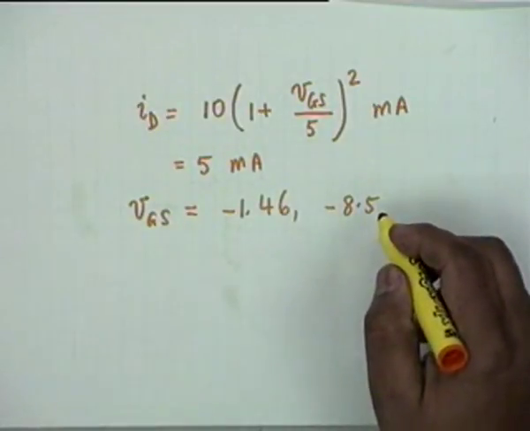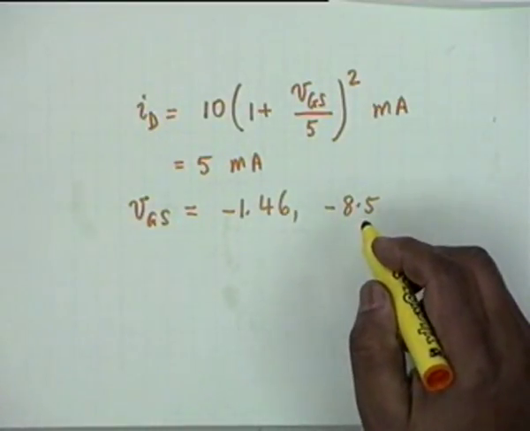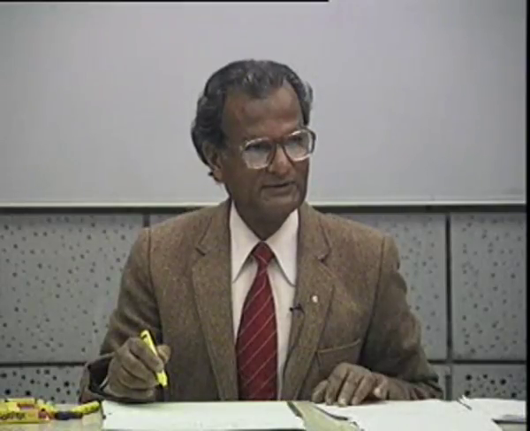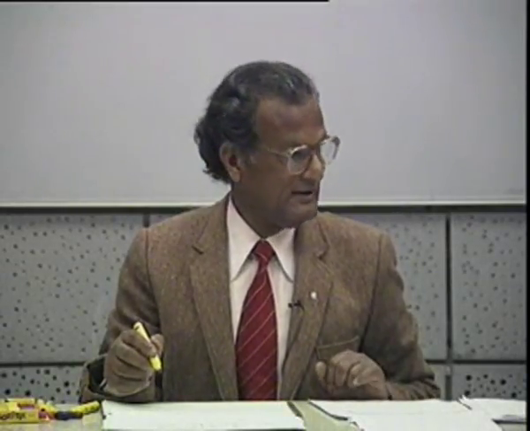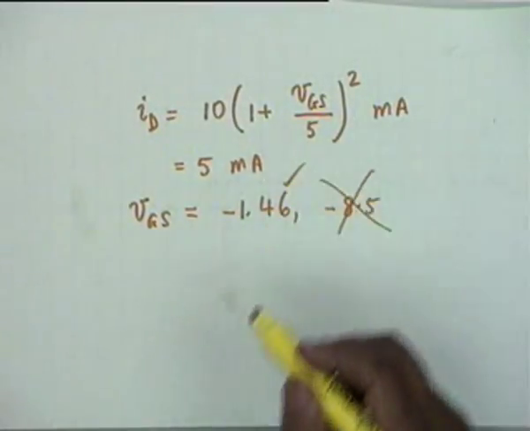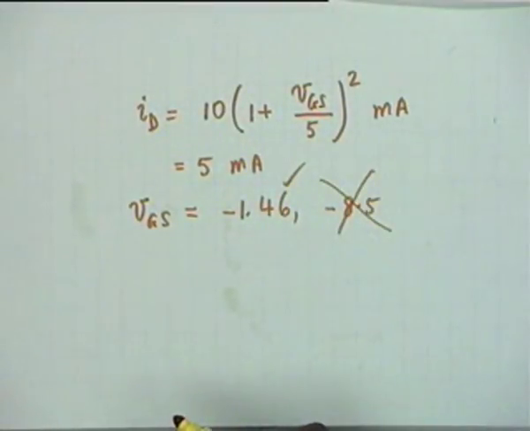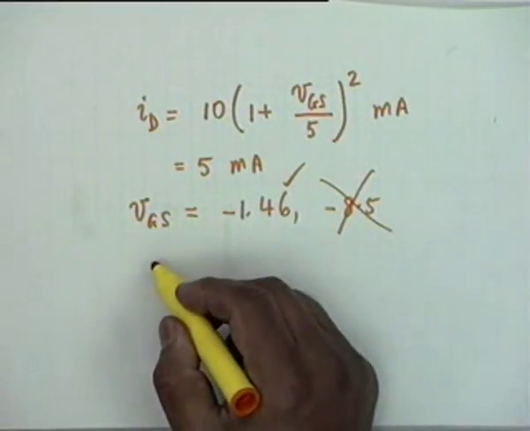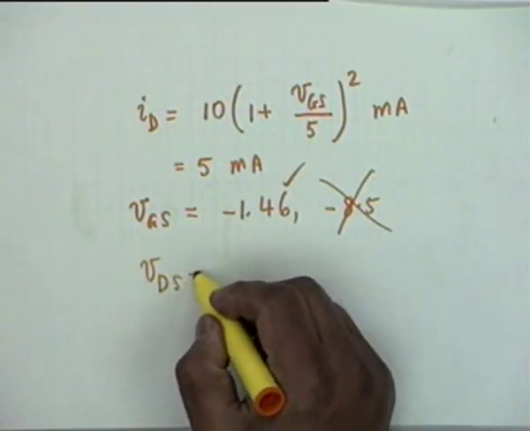Now 8.5 obviously is not permitted because it is greater in numerical value than the pinch off voltage. It is less than Vp, and therefore acceptable value is minus 1.46.